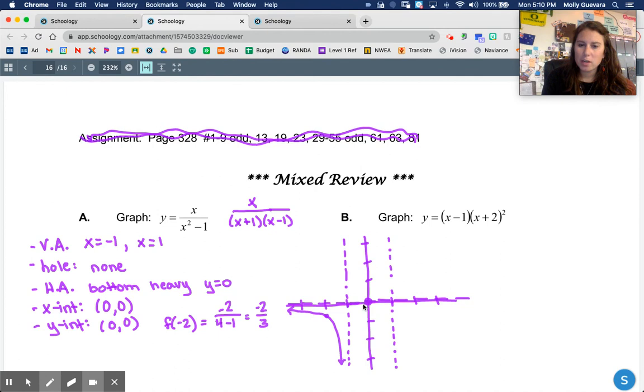Now I need to figure out what's going on between this asymptote and this x-intercept. So this is -1, this is 0, so let's plug in maybe like -0.5 and see what's going on. That gives me -0.5 on top, and then -0.5 squared is 0.25 minus 1. So I get -0.5 over -0.75.